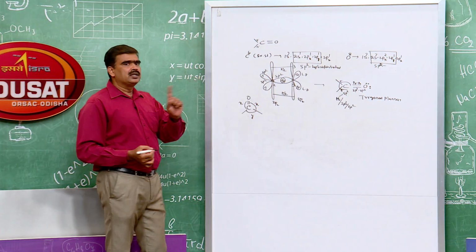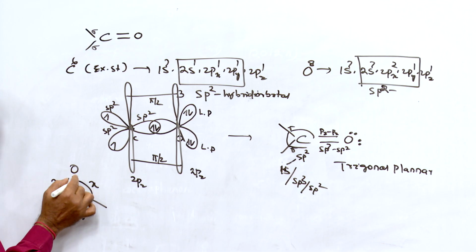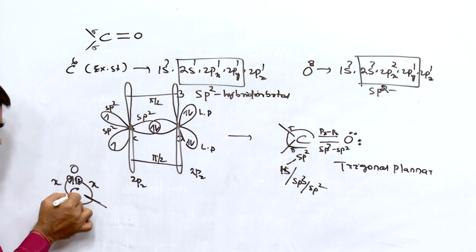But all the bond angles are not equal here because the multiple bond here is a double bond, which means there are 4 electrons, 2 electron pairs. They cause strong repulsion on these bond pairs.